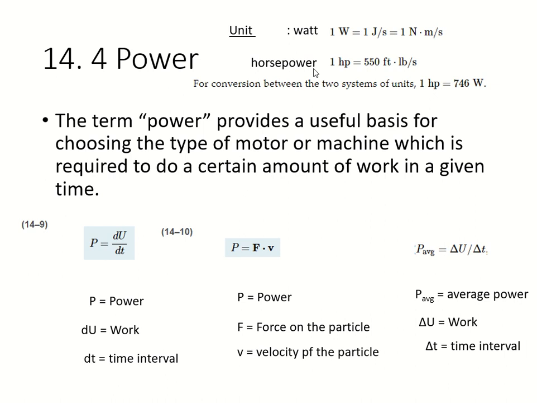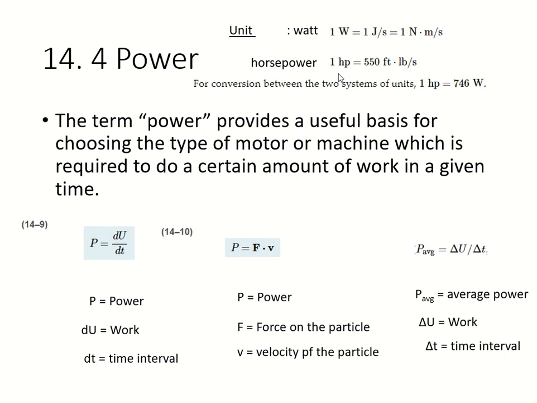So anyway, horsepower. 1 HP, one horsepower, equals 550 foot-pounds per second. This is just a force, by the way. So with 1 horsepower you can go about 550 feet times a pound, that's the magnitude, in 1 second.